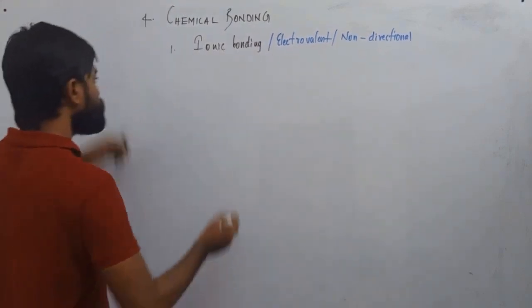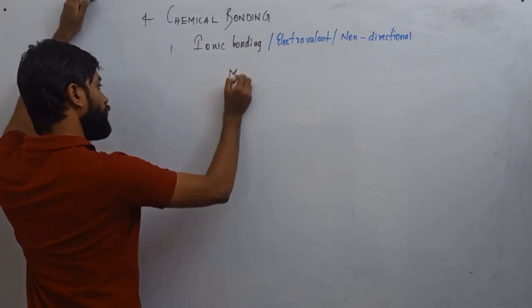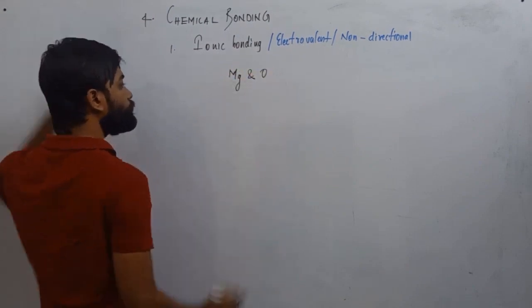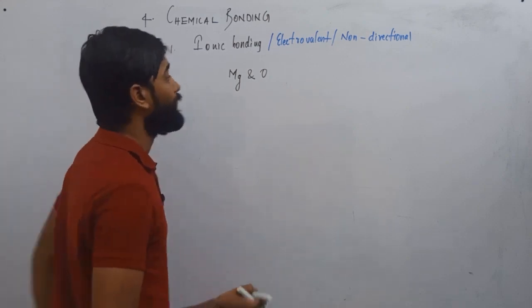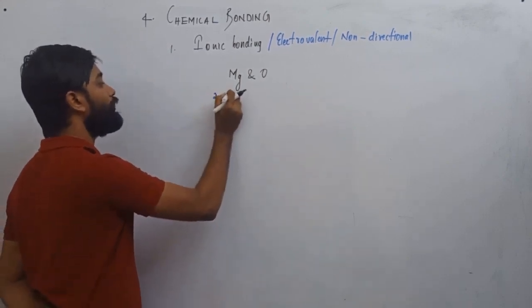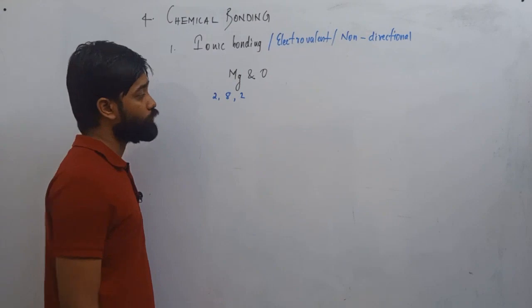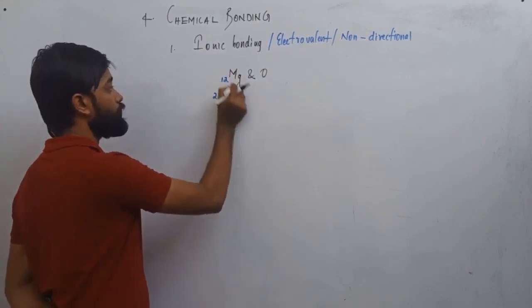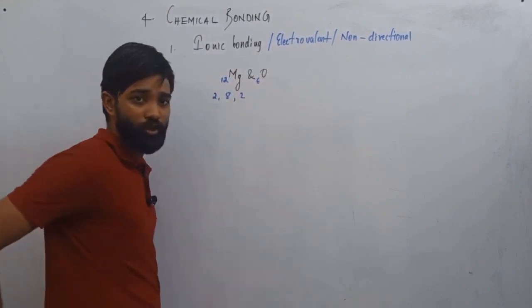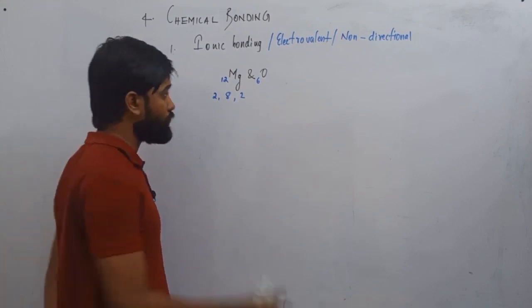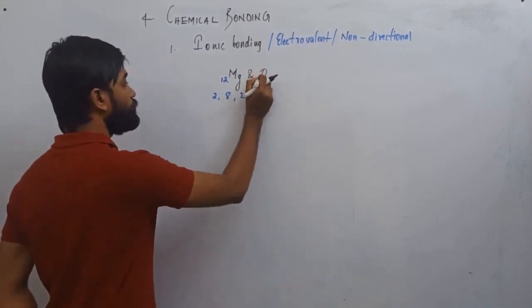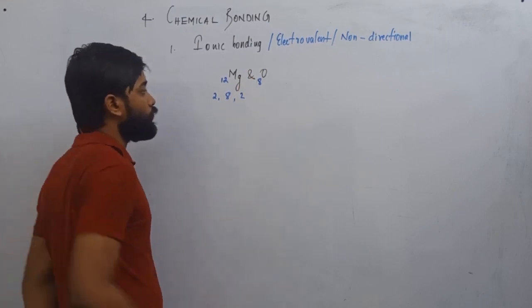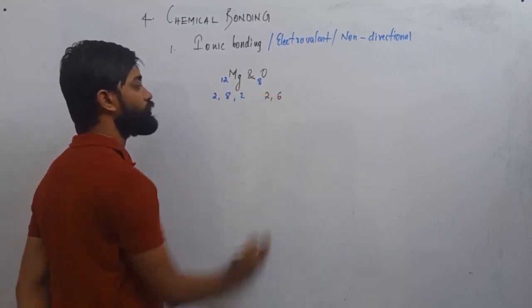The first one is magnesium and oxygen. How is the ionic bond formed between magnesium and oxygen? Magnesium has a valence electronic configuration of 2,8,2 because its atomic number is 12. The atomic number of oxygen is 8, so oxygen has electronic configuration 2,6.